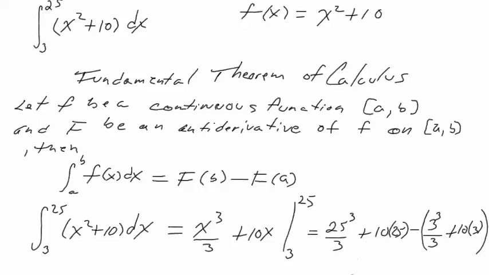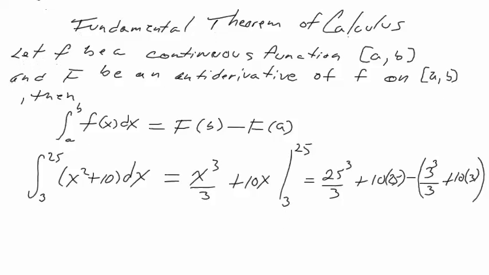Anyway, when the smoke cleared, you should have gotten 16258 over 3, and let's get a decimal approximation of that. 5419.333 and it goes on forever there.